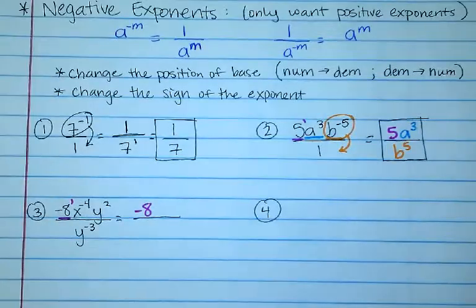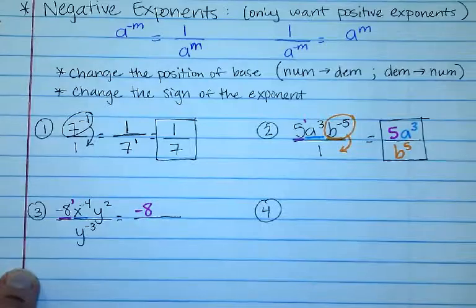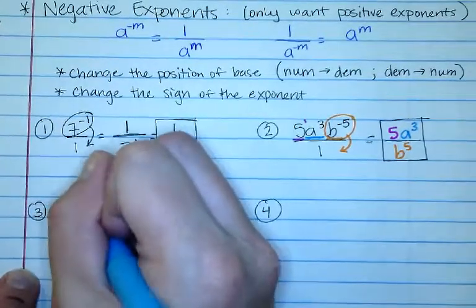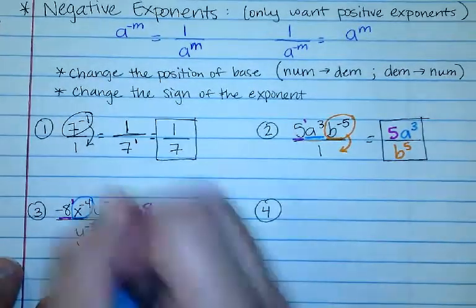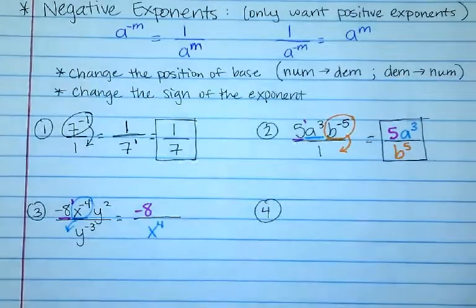Then, does my x need to change floors here? It certainly does, because it has a negative exponent. So this x is going to move down here to the bottom. Are you guys comfortable with that? What about this y squared up here?